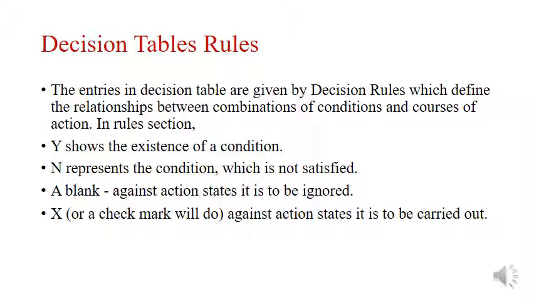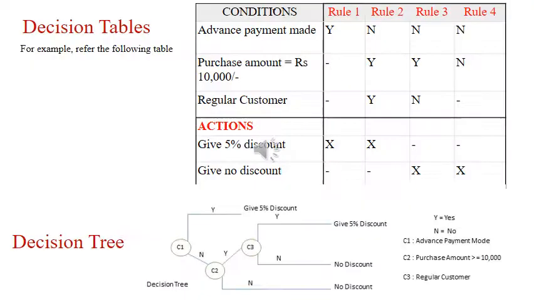So we are going to discuss this with the table. With the help of this diagram, we can clearly understand the decision table. There are four quadrants: upper left, upper right, lower left, and lower right. The upper left has the condition quadrant, showing three conditions C1, C2, and C3. These conditions are advance payment mode, purchase amount is equal to 10,000, and regular customer.